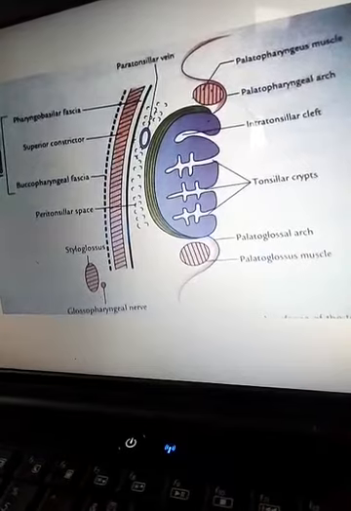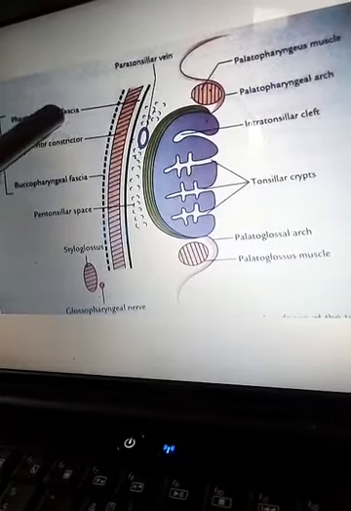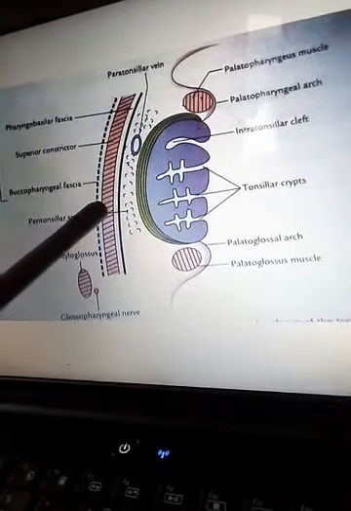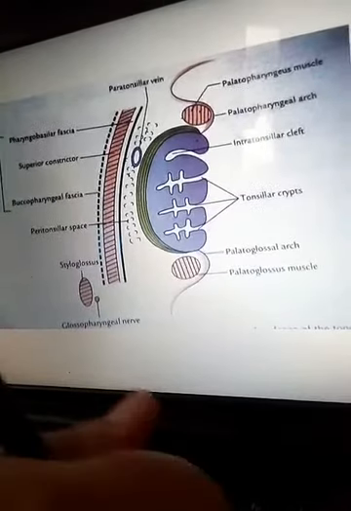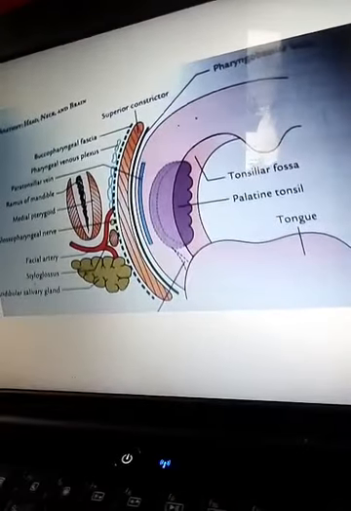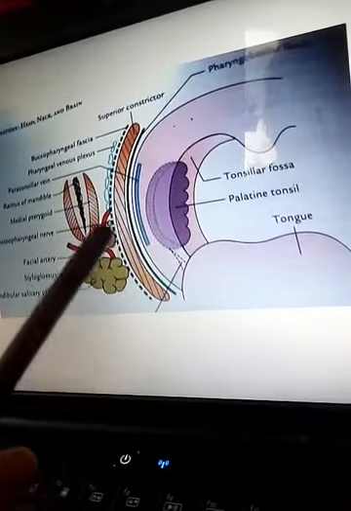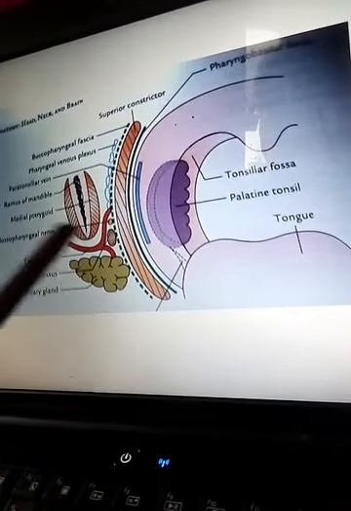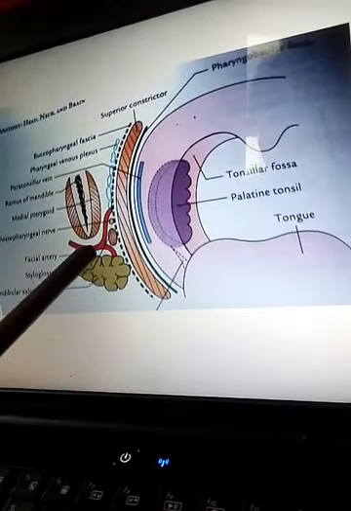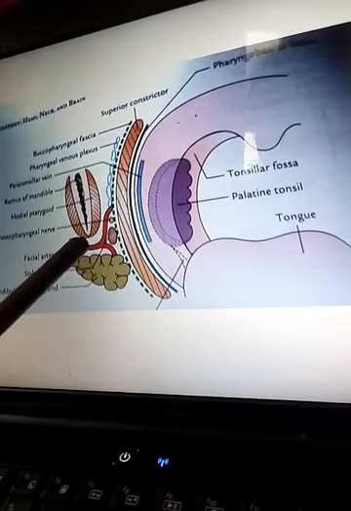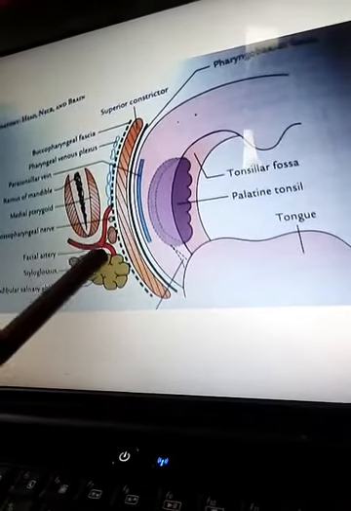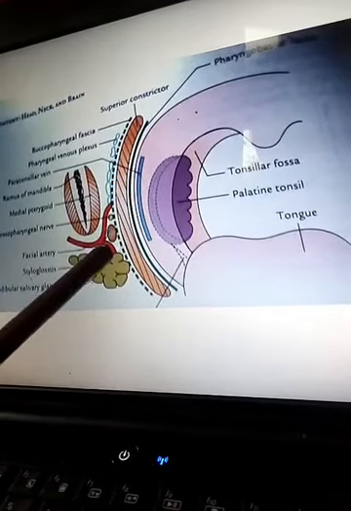The superior constrictor muscle separates this surface from some structures, which are the facial artery and its two branches, the ascending palatine and the tonsillar artery.